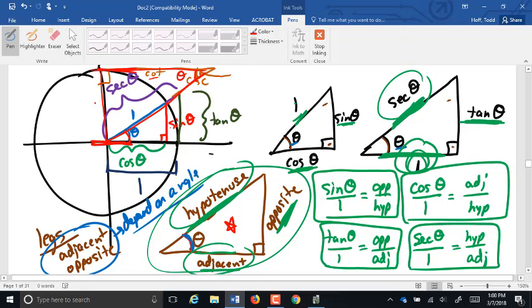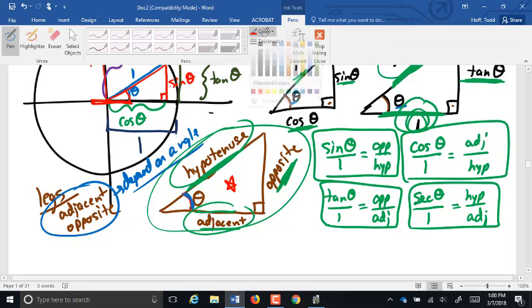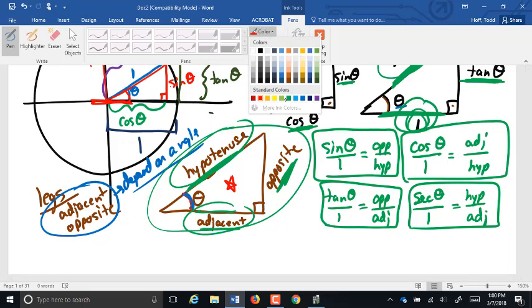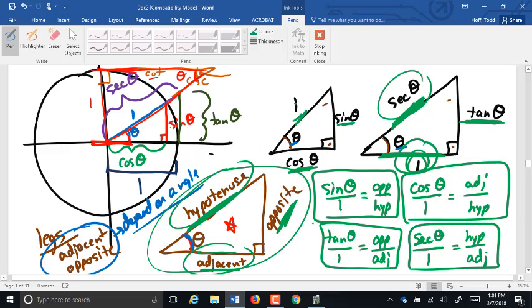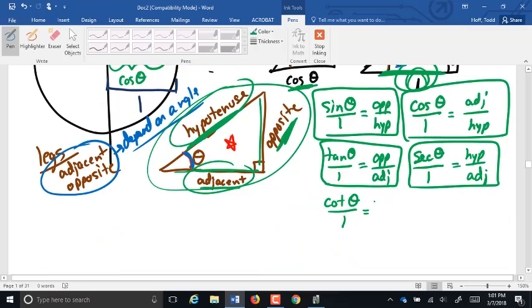I would relate the cotangent to 1. Well, the cotangent is the horizontal side, that's the adjacent. The 1 is the vertical side, that's the opposite. Cotangent is the length of the adjacent side divided by the length of the opposite side.